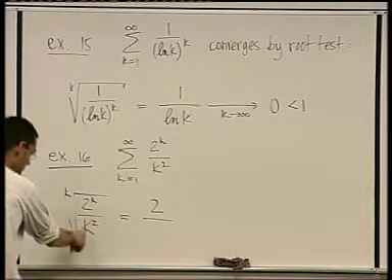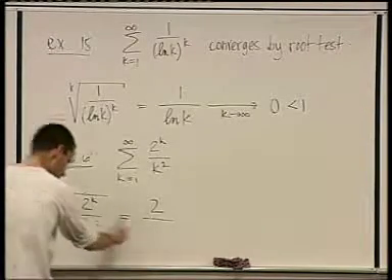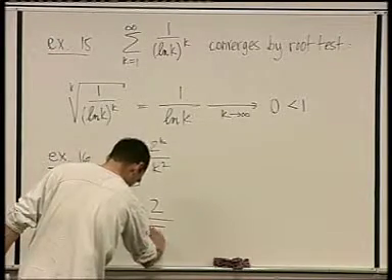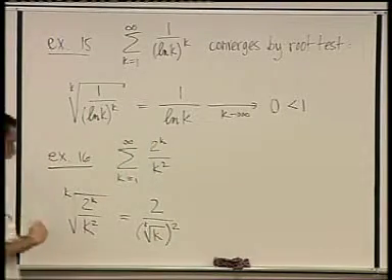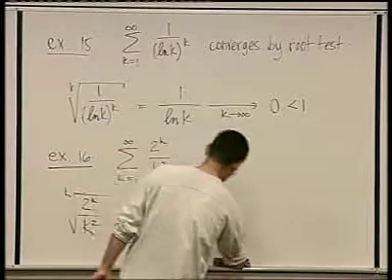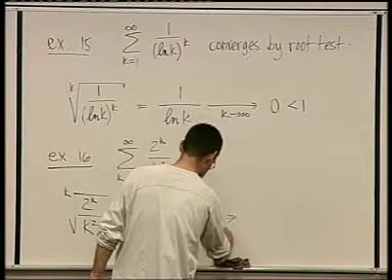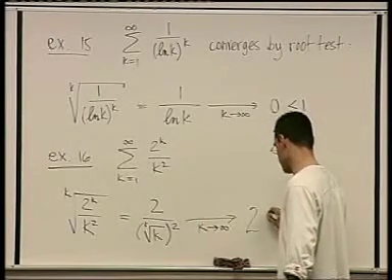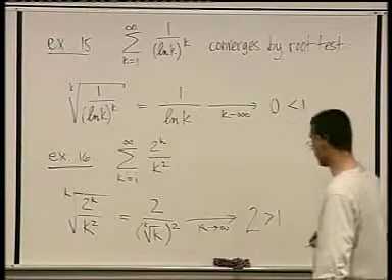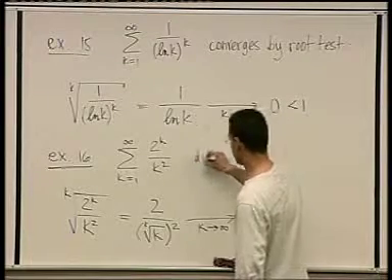The kth root of k squared is the kth root of k, squared. As k goes to infinity, what does the kth root of k go to? 1. So this entire thing goes to 2, which is greater than 1. Therefore, this thing diverges by the root test.